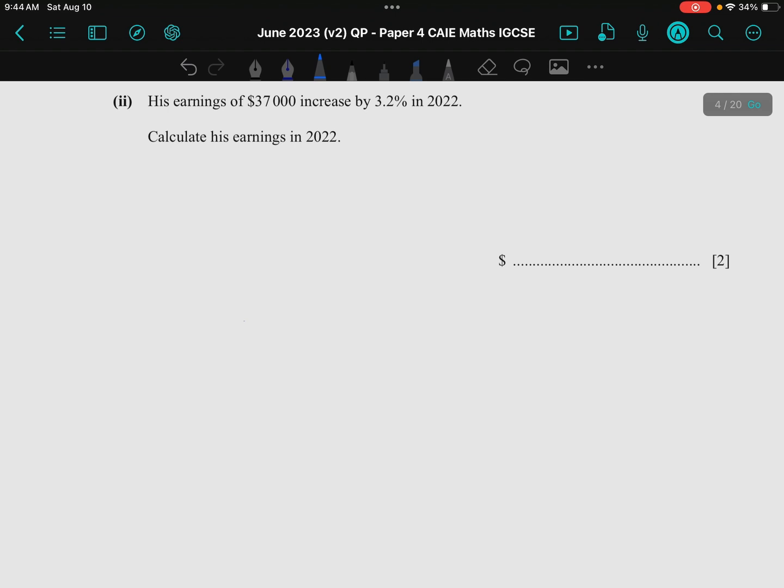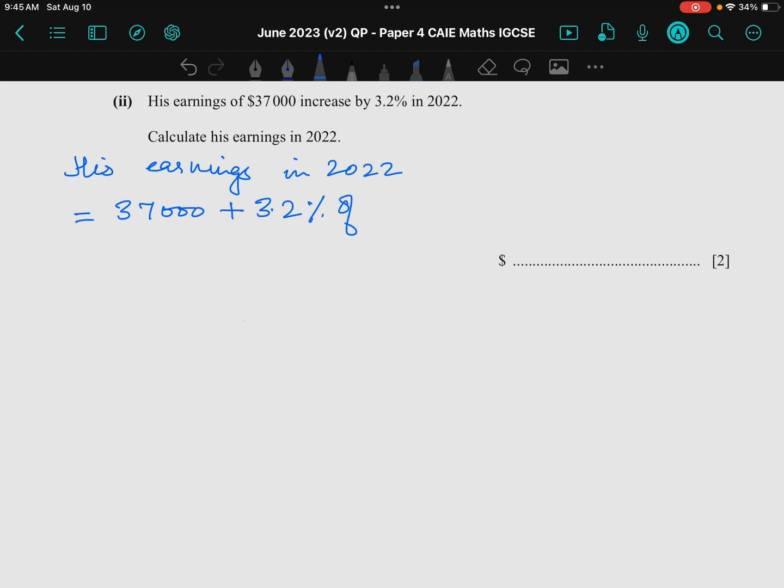Part number 2. His earnings of $37,000 increase by 3.2% in 2022. Calculate his earnings in 2022. So his earnings in 2022, what was the previous earning? 37,000 in 2021 plus the increment, 3.2% of 37,000.